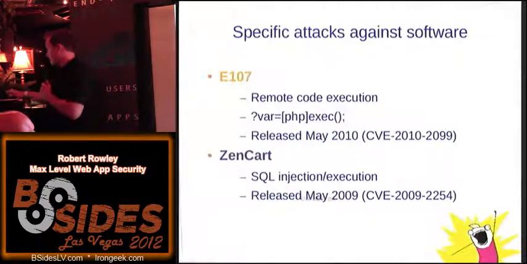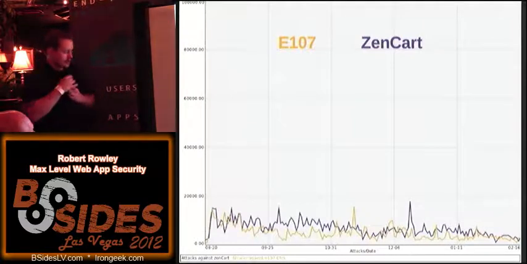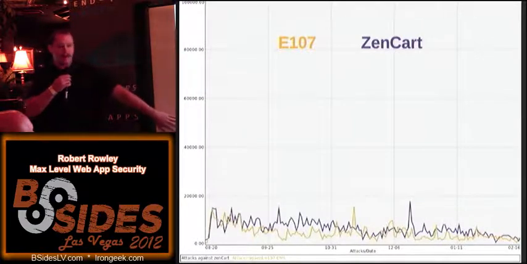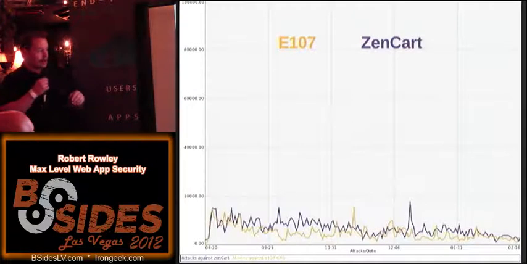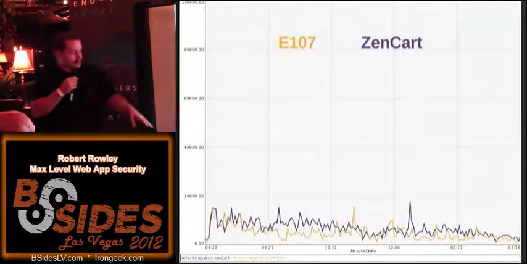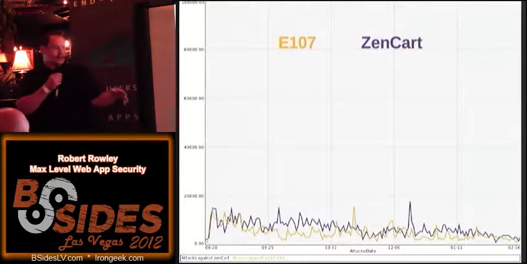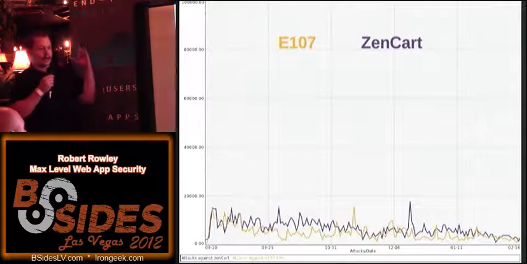But these two attacks, even in 2011, which is when this graph starts in August 2011 and goes on to May or March 2012, average around 10,000 attacks per day for each one of these known exploits. These exploits are 2-3 years old, and they're still attempted every single day.